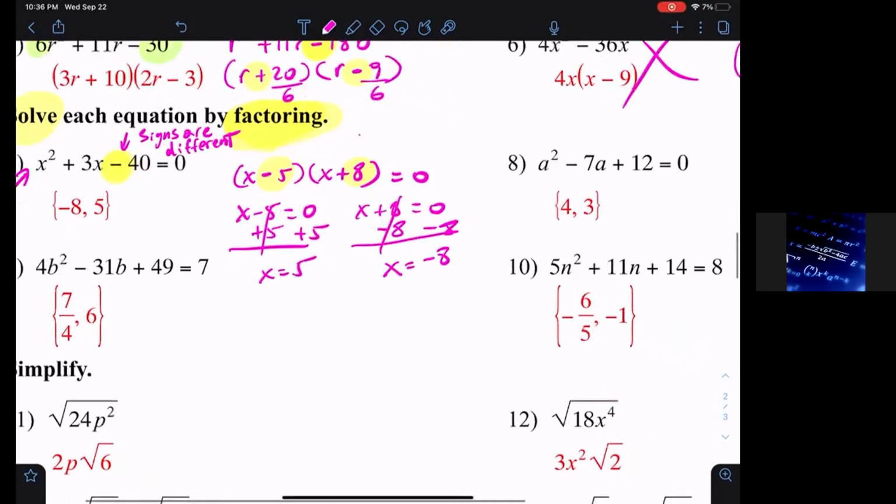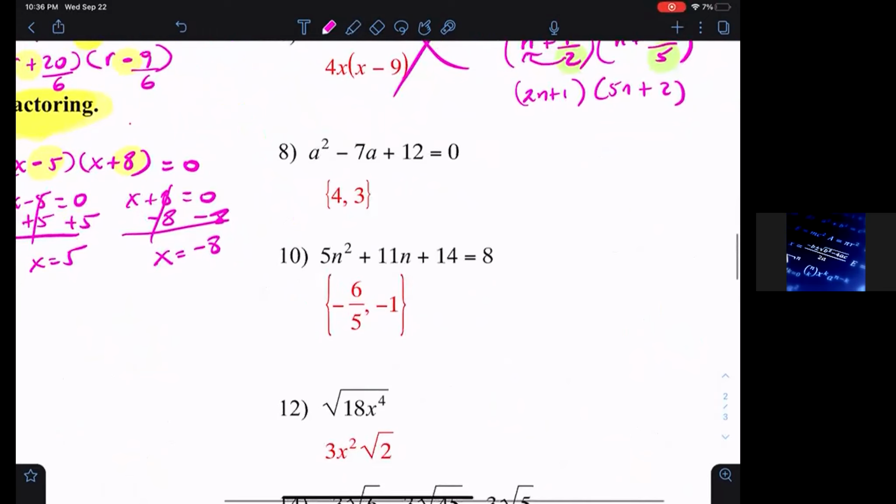Okay, next. The signs are going to be the same because this is positive. Both are negative, because I have to look at this sign after I look at the first sign, right? After I know that the signs are going to be the same, I look at what sign this is. If it was positive, then it would be two positives, but since it's negative, both are negative.